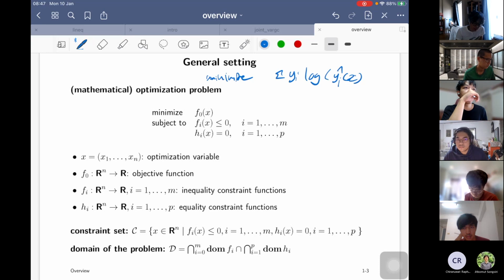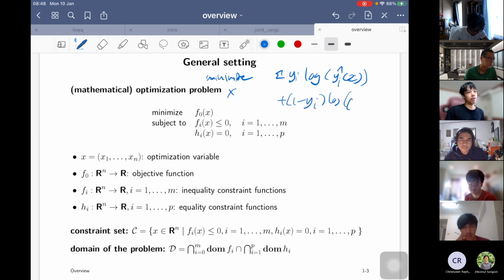I'm going to use the variable x here so that we know that this x is actually a parameter of a neural network. It's an optimization variable. Binary classification, maybe. Yes, log 1 minus yi hat.